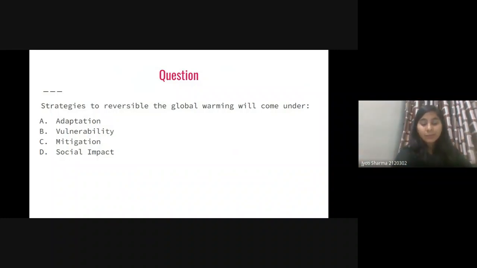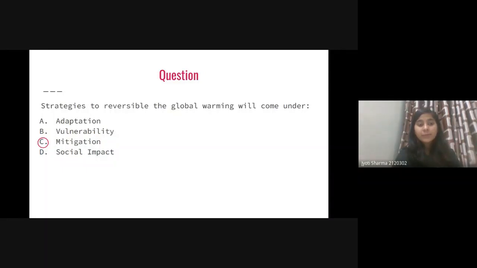Alka gave me answer C, mitigation. There is some difference between mitigation and adaptation, and based on that you will get the answer. Yes, the answer should be C only, that is mitigation.